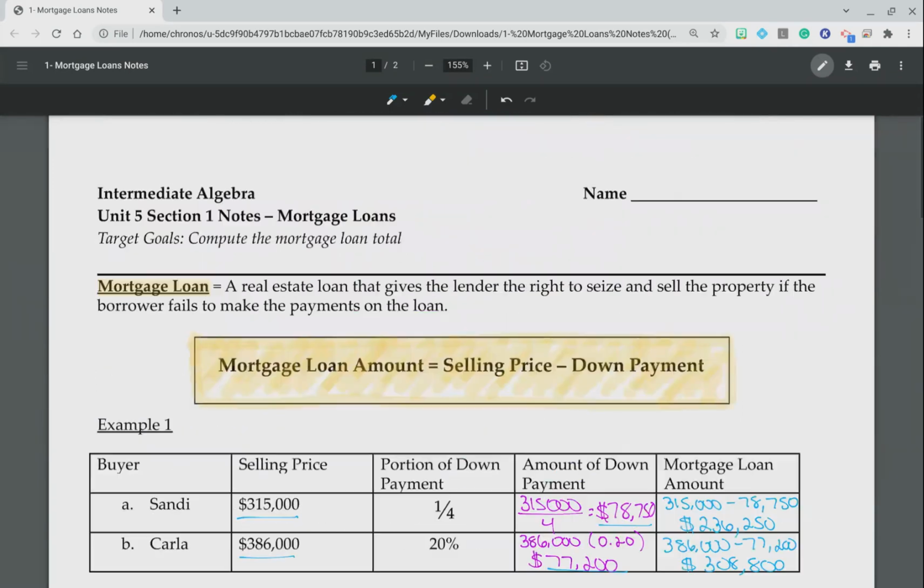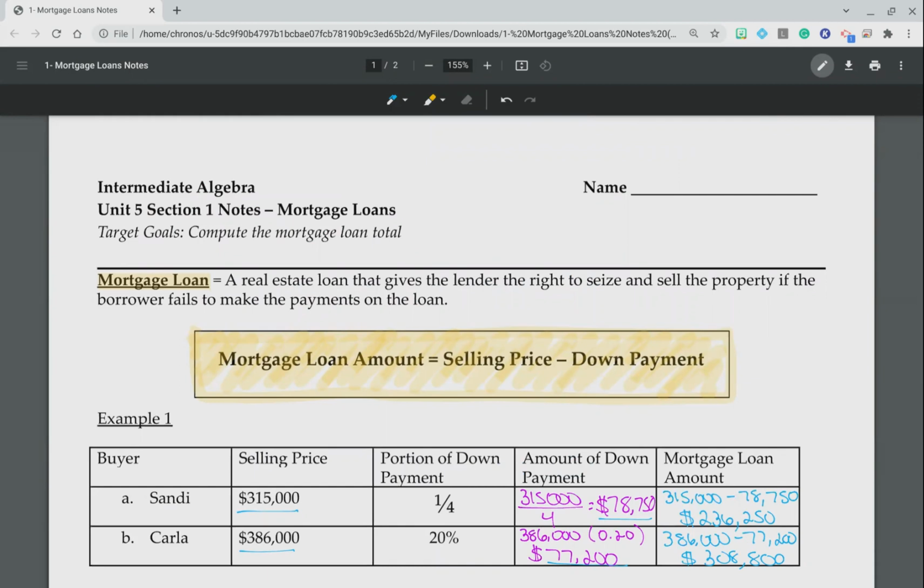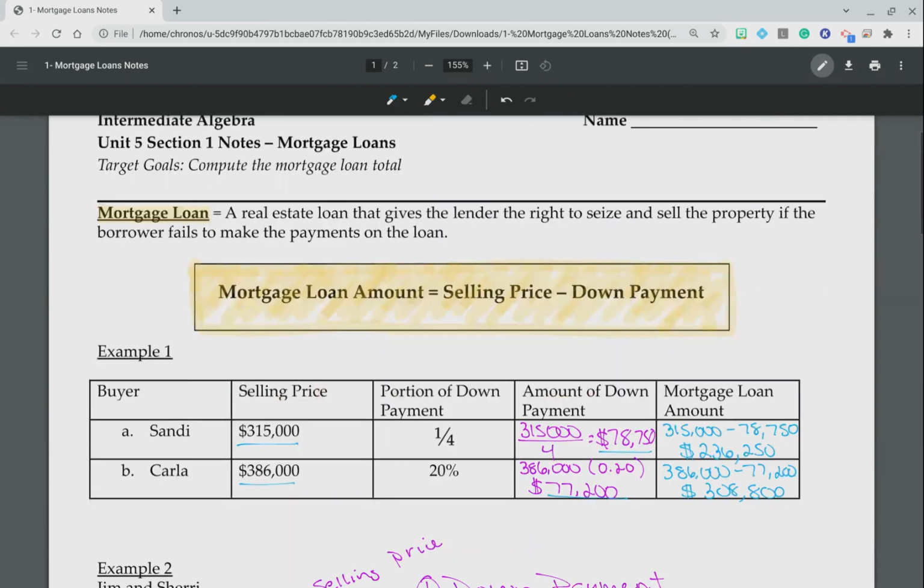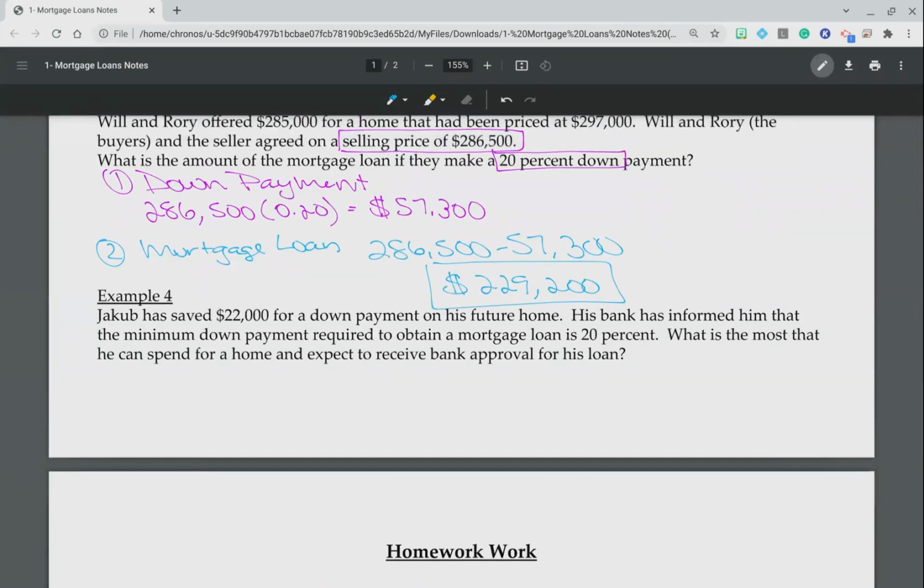If I look at my formula, mortgage loan equals selling price minus the down payment. We know that to find the down payment, we take the selling price and multiply it by the percent down payment. Jacob has $22,000 for a down payment.